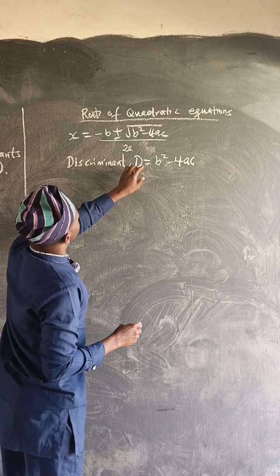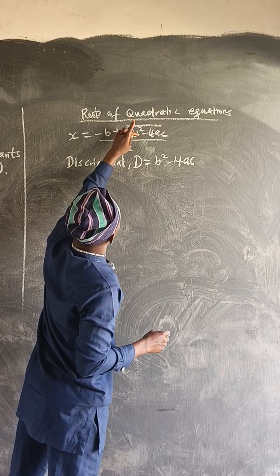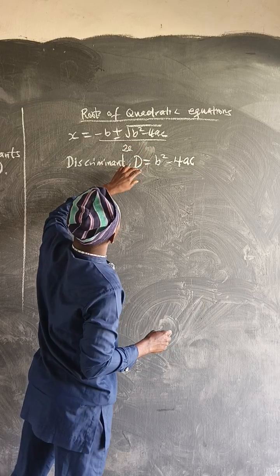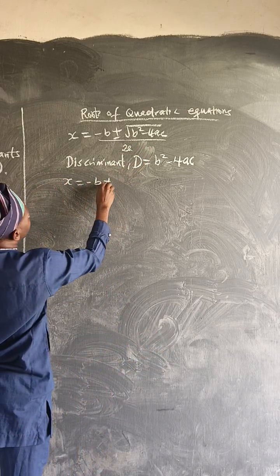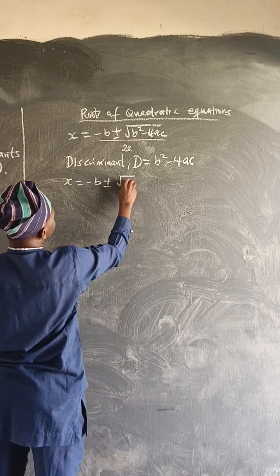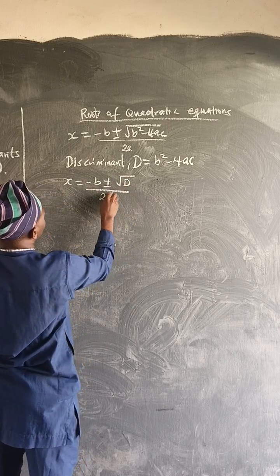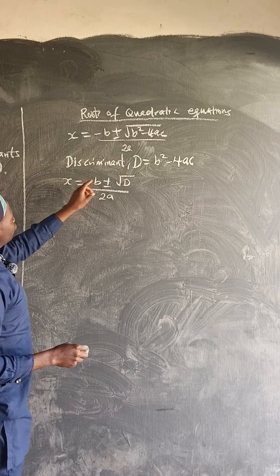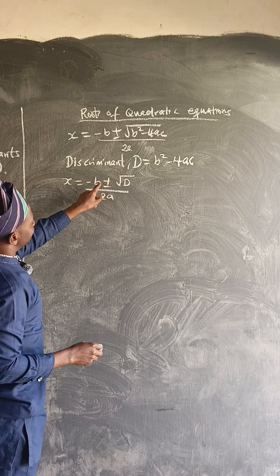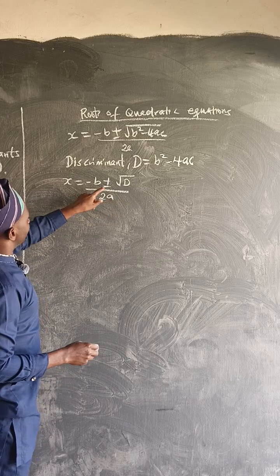Now we are going to replace b squared minus 4ac with capital letter D. That is, we have x equals minus b plus or minus the square root of D, divided by 2a. Here we are going to have two values of x: one by using the plus sign between minus b and root of D, and the other by using the minus sign.